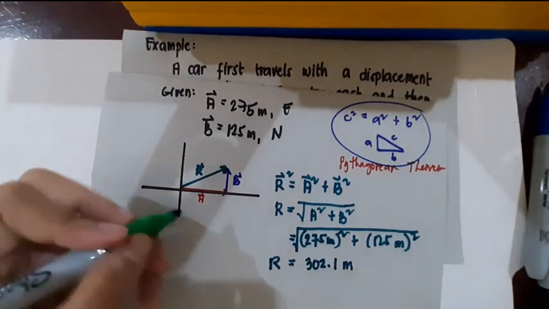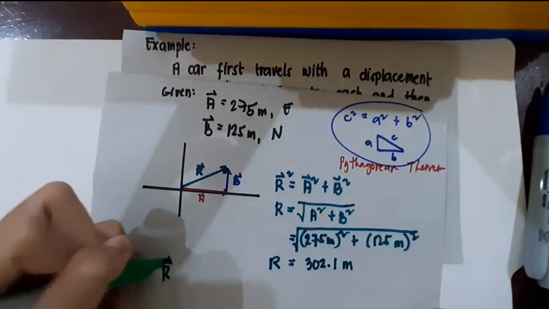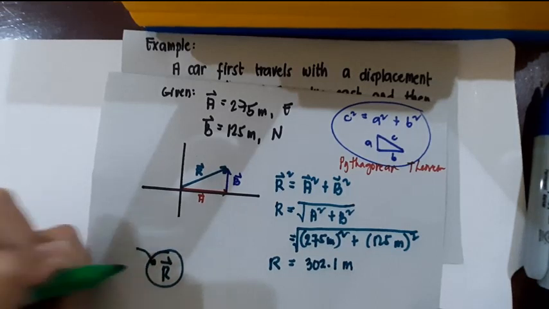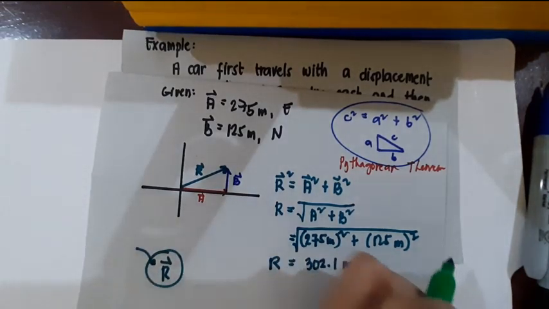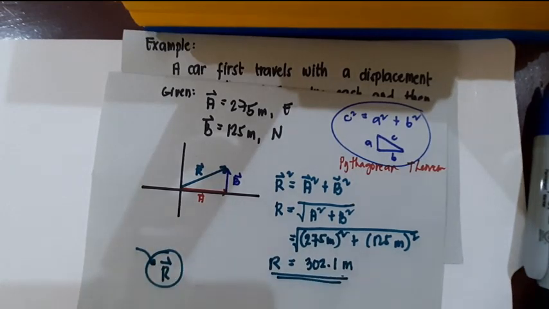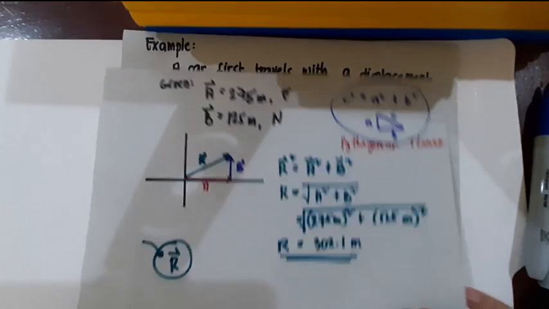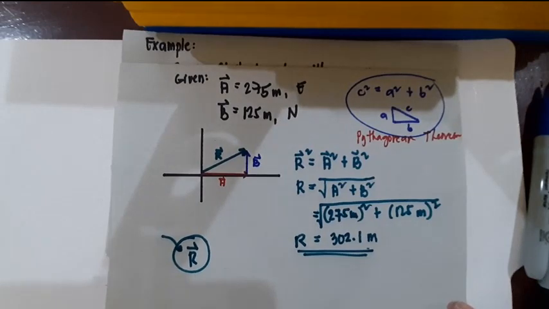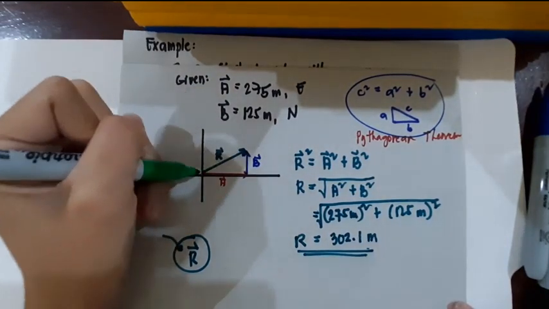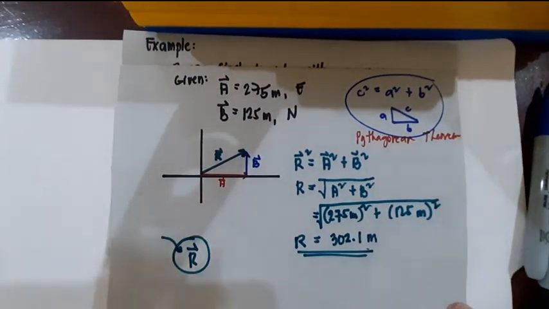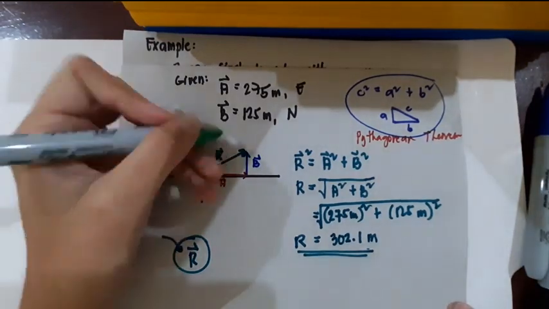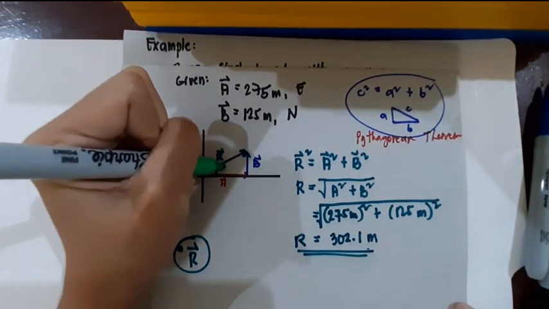Since we are looking for the resultant vector, and the resultant vector is a vector, it needs a magnitude and direction. Since we only got the magnitude, we will now solve for your direction. The direction is not north, and not east, since it is diagonal. In order to solve for the direction, we will get your angle.